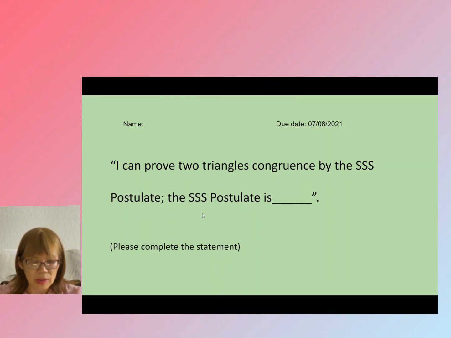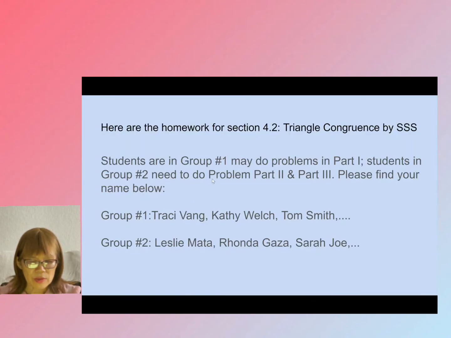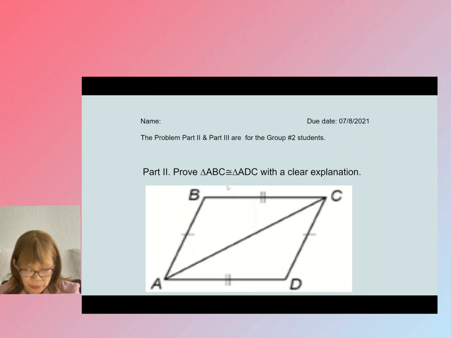You will see the exit ticket, you write your answer, and you pass it to me. And the homework, we have 2 sets of homework. You look for group 2. Your names are here, Leslie, and mentor. So you will have this homework. You do part 2 and part 3. You're not going to do part 1, okay? Because different level students have different homework. This part 1 you're not going to do.